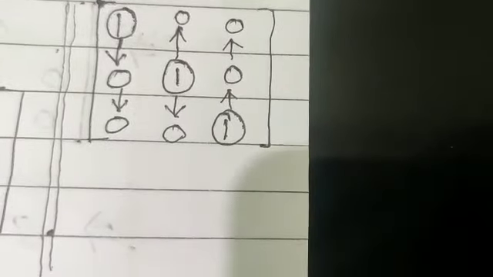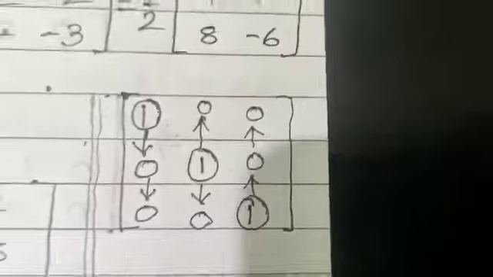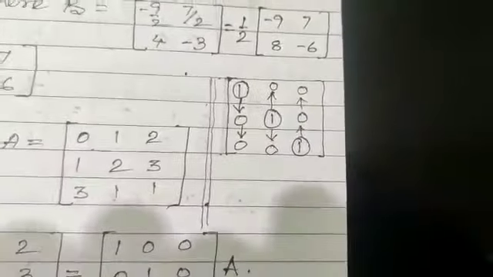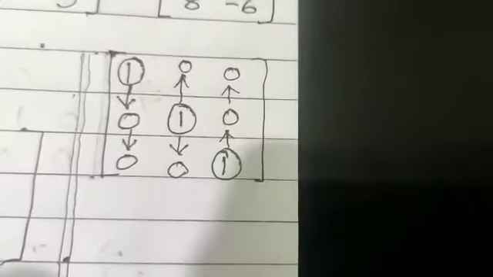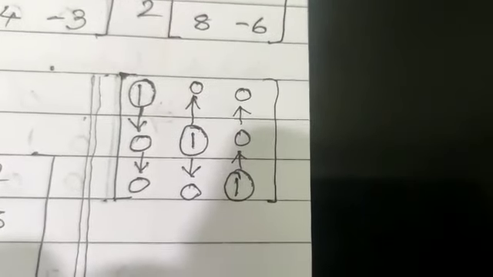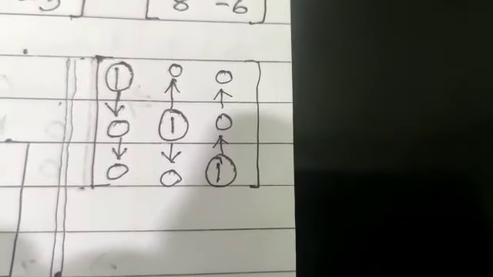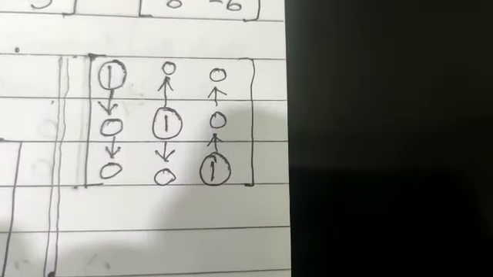The first step is to make the diagonal element, the topmost one, element 1. The second step, using that one, we will make the remaining two elements of that same column 0. The third step, we will come to the second column and we will make the element A22 1 using elementary operations.